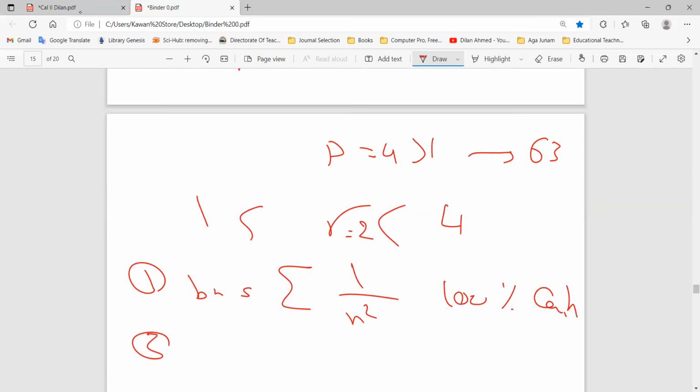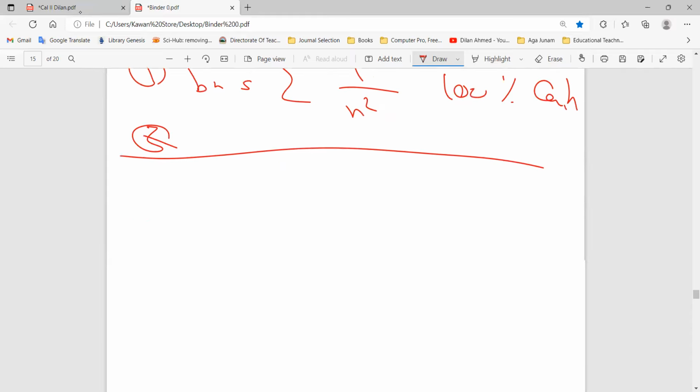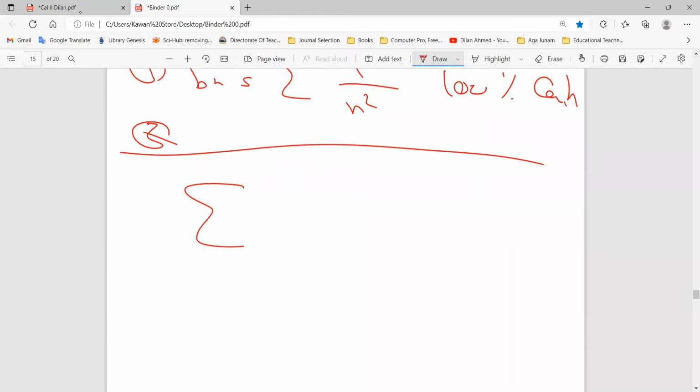And now divide. Second step, divide. Okay, 64. 64 says the same. You have ln Q, n to the P. But this time P is unfortunately less than 1. So it's diverge. So how do we choose divergence?